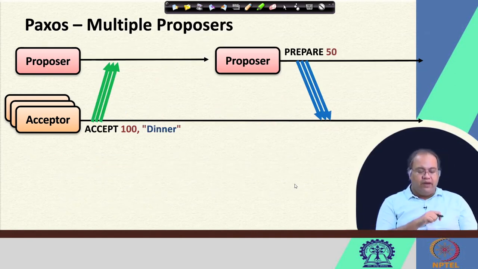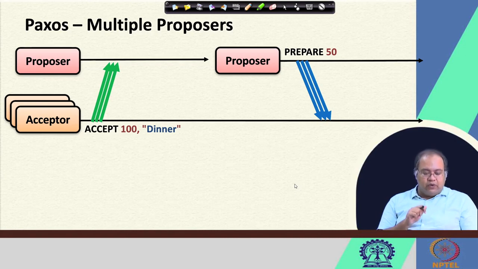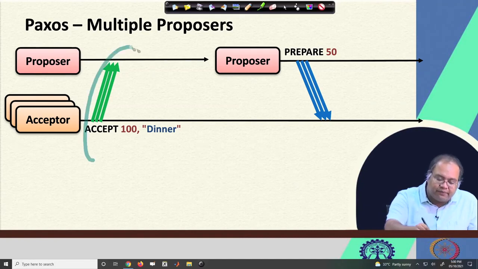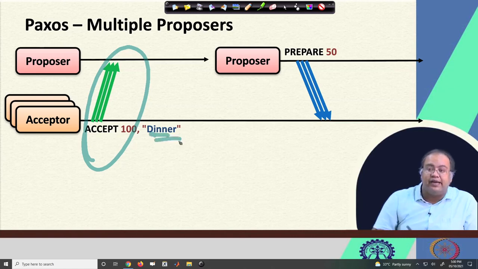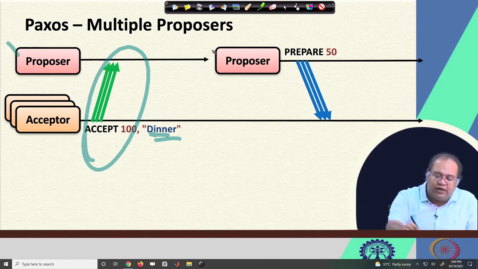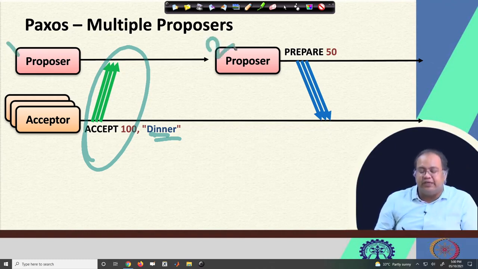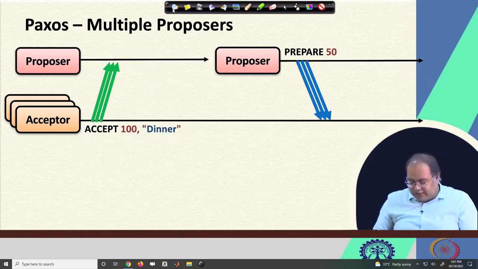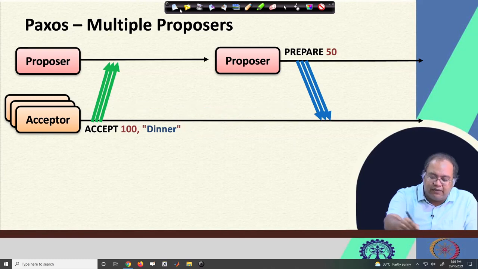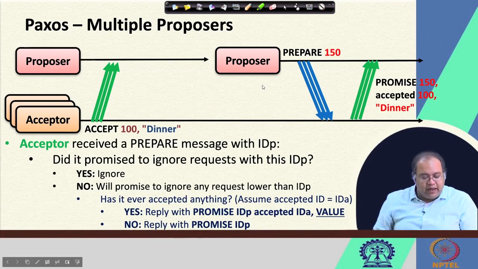Now comes the scenario where I have multiple proposers. Assume the acceptors have already sent the accept message with ID 100 and the value dinner, and now there is another proposer. Say this is proposer 1, and this is proposer 2. Proposer 2 is going to send another prepare message with ID 50. What will happen here? Let us revisit our algorithm.